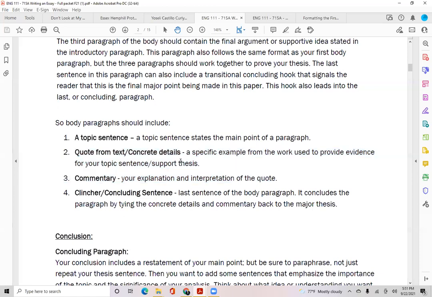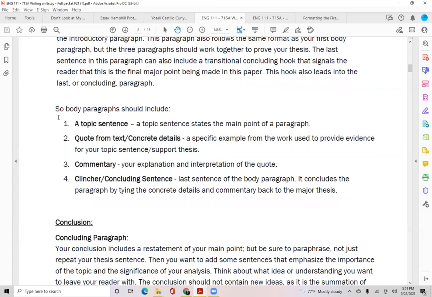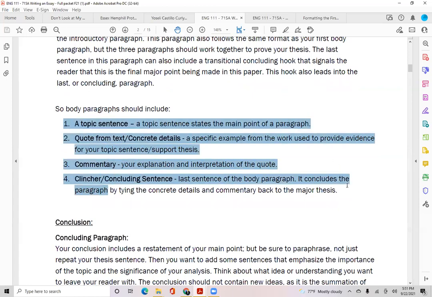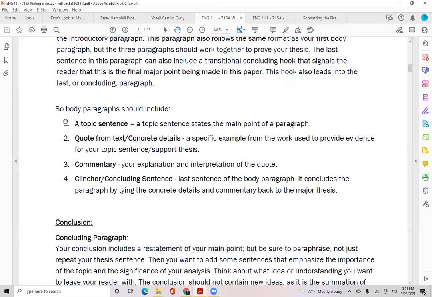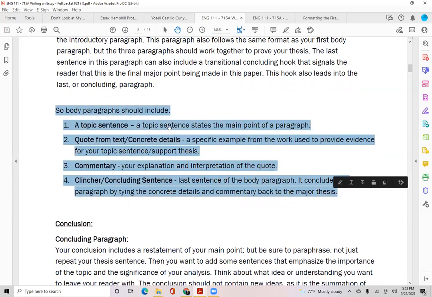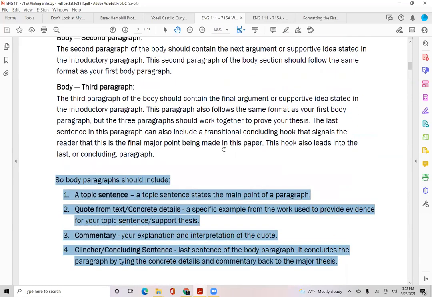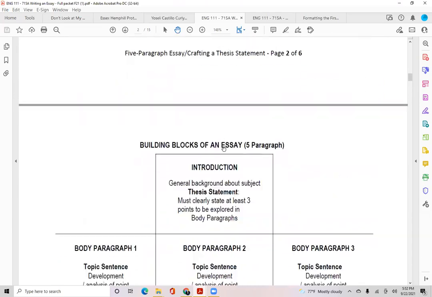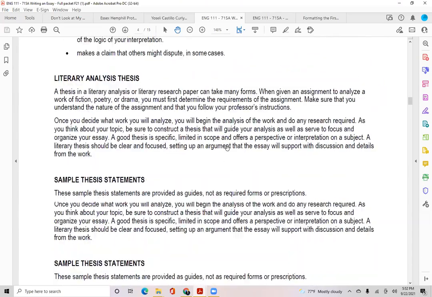So if we were to go back down, if we take these 4 ideas, or these 4 tips, know that that will be the construction of all of your body paragraphs.